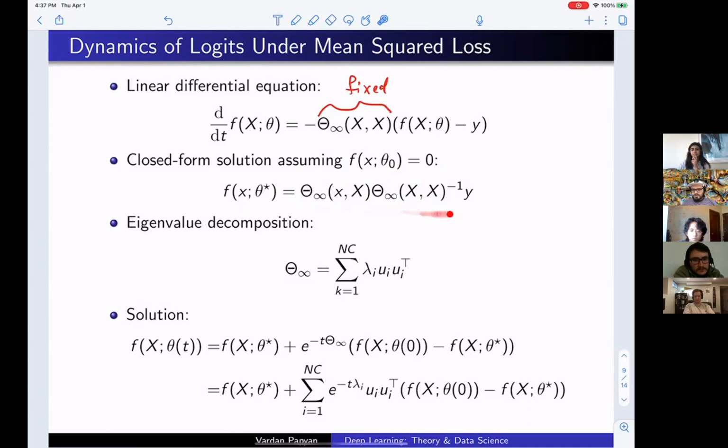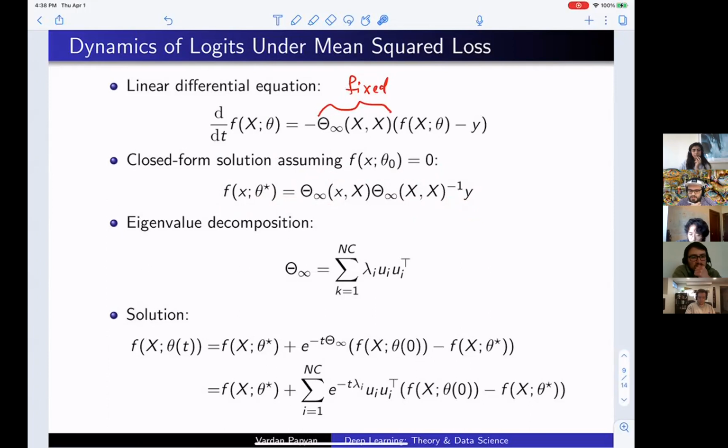Does anyone recognize what this is? Have you seen this in the past? Yeah, it kind of looks like the classifier from kernel methods. Exactly. So what is theta star? Theta star is the solution to the differential equation, so you can think of it as the parameters at optimality.